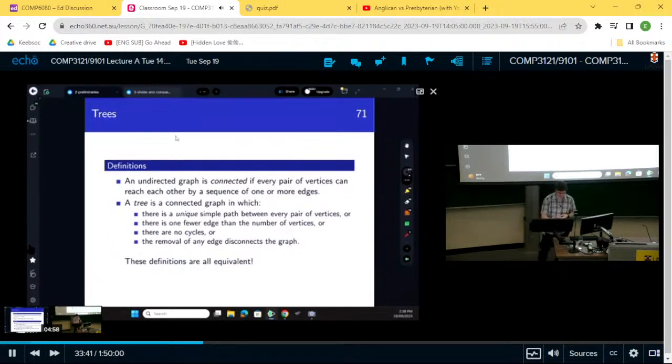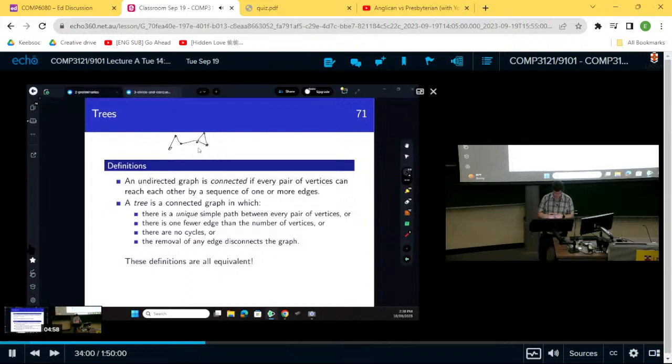So it's not the case that we have some part of our graph that's completely disconnected, with no edges, to some other part of the graph. So our trees need to be connected. They can't have things like this. They cannot have cycles.